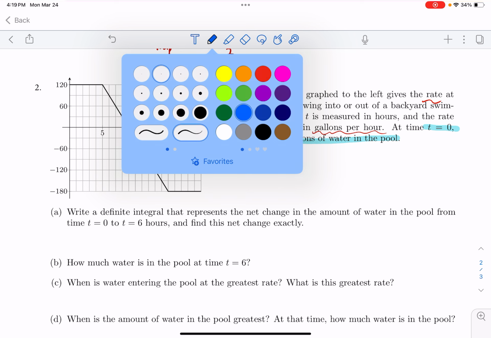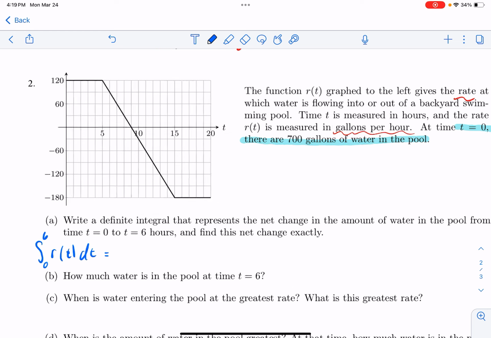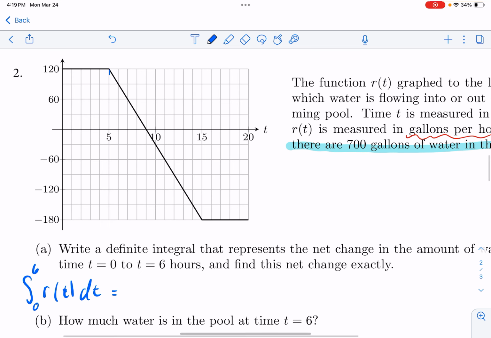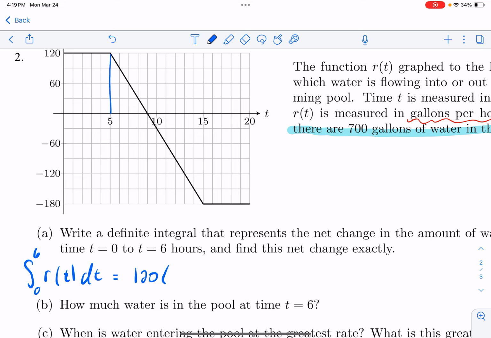All right, so this first problem, again, to find the net change, we're doing a definite integral from 0 to 6 of r of t dt. We always write the smaller number on the bottom of the integral, the 0, and the larger number, the one to the right, on top. So 0 to 6 r of t dt, that is equal to, we're trying to find the area underneath this curve from 0 to 6. Looks like we have a rectangle here, so that's going to be 120 times 5, plus we have a trapezoid right here.